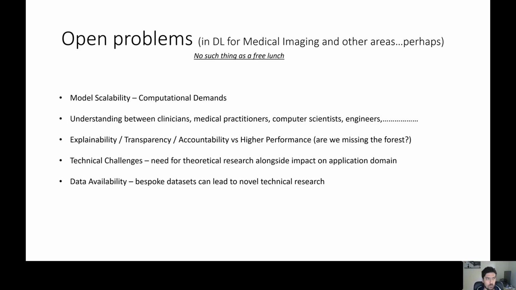Of course, technical challenges are always a problem because sometimes we think about the application, but then we have to consider that different types of data might require some theoretical research alongside, and that might take time. So it's not only applying established techniques, but sometimes when we want to push the boundaries of performance, we might have to consider some ideas on how to improve the theoretical aspects of the techniques involved, right?